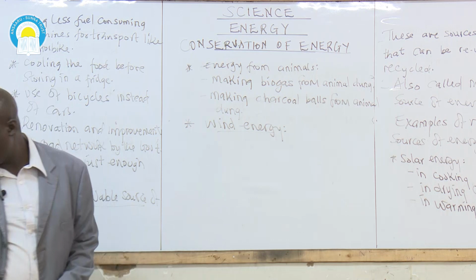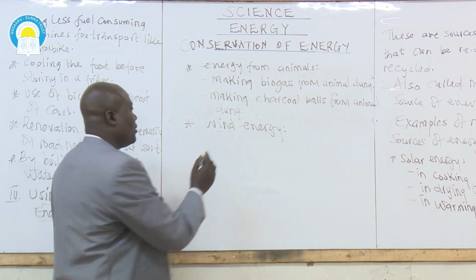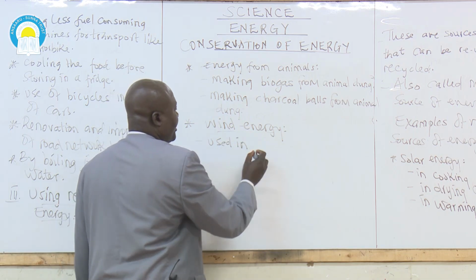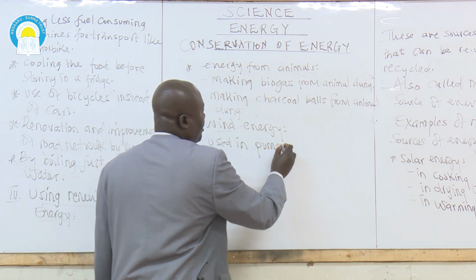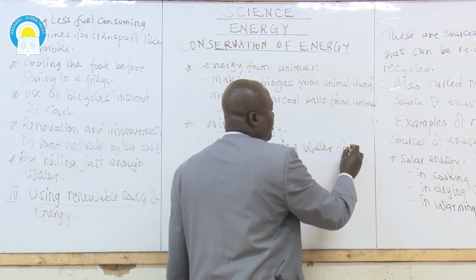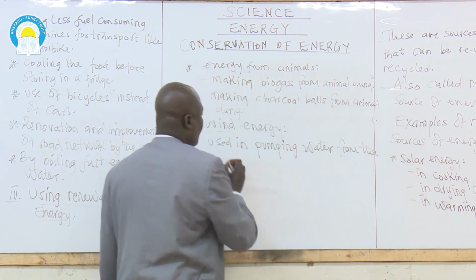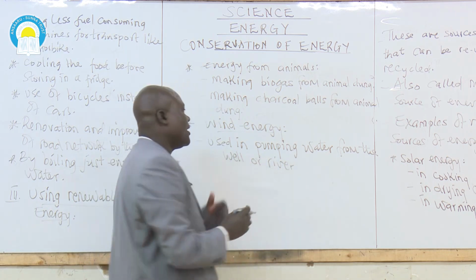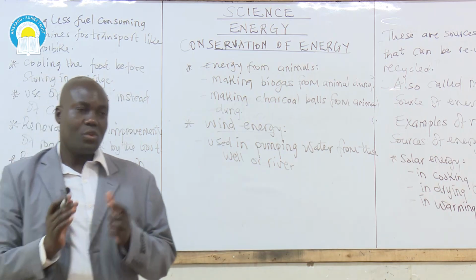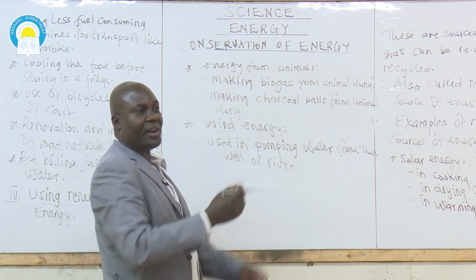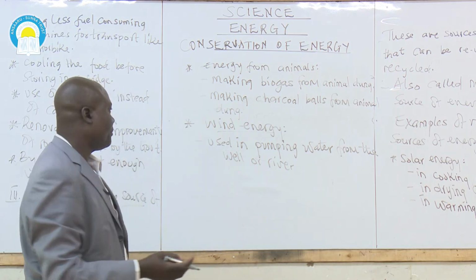Instead, they use what we call wind energy. It is used in pumping water from a well or river to the farm for irrigation or farming.